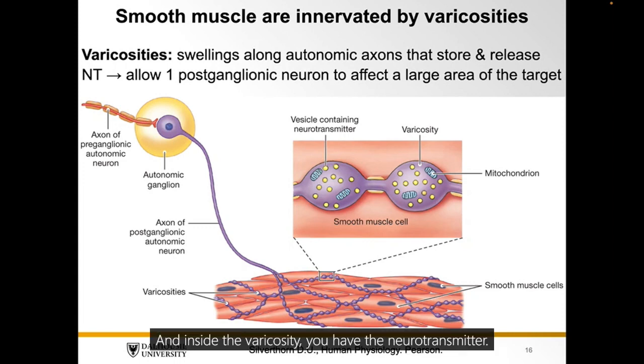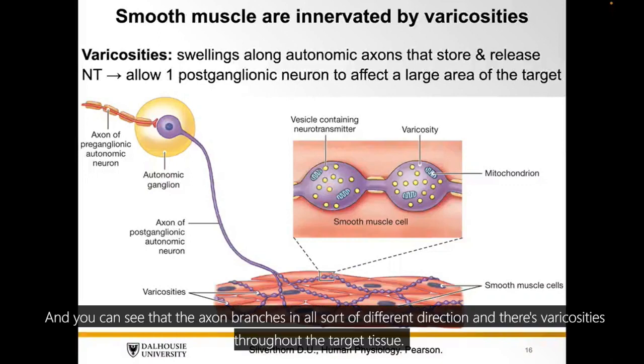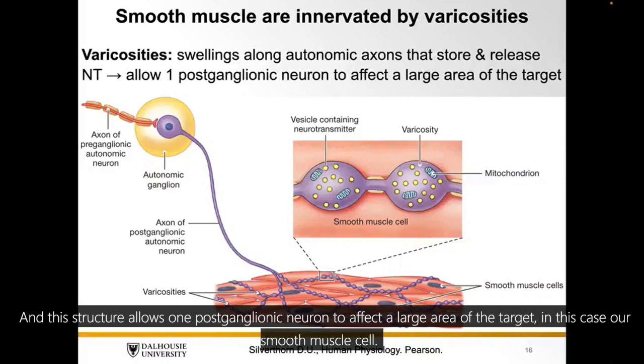And inside the varicosity, you have the neurotransmitter. And you can see that the axon branches in all sorts of different directions, and there's varicosities throughout the target tissue.